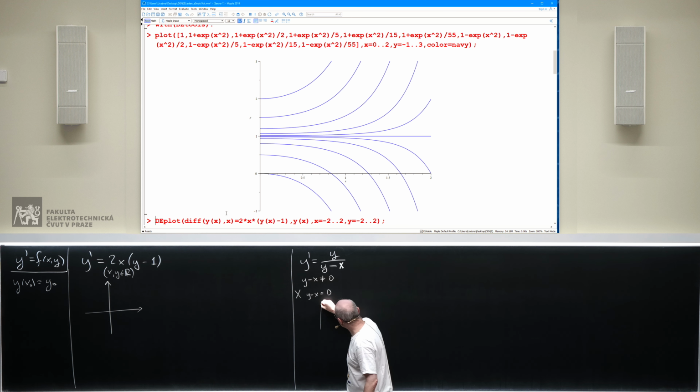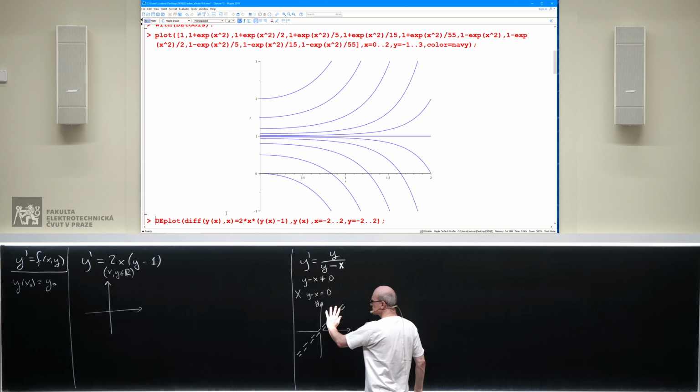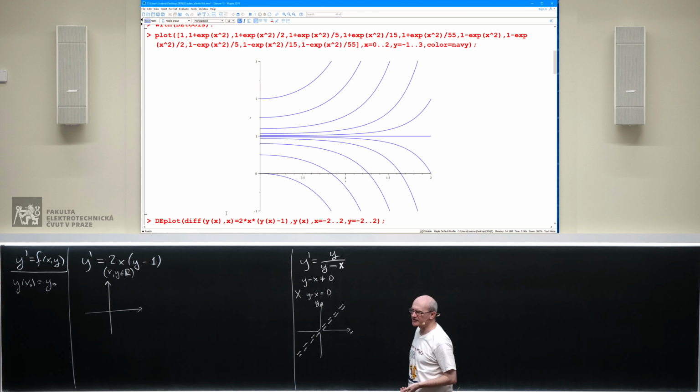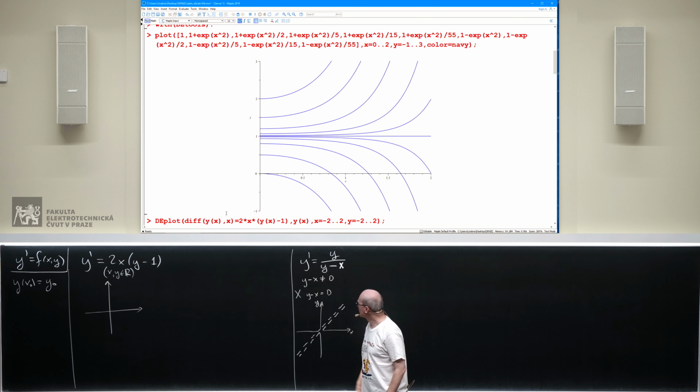So here is a sketch. I have my usual xy plane, and in this xy plane the main diagonal is actually forbidden. No solution is allowed to touch it. So there may be some solutions over here, there may be some solutions over here in those, let's say, infinite triangles, but definitely no solution can actually cross the main diagonal.